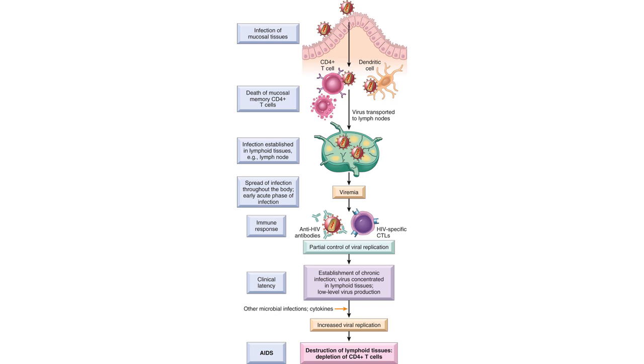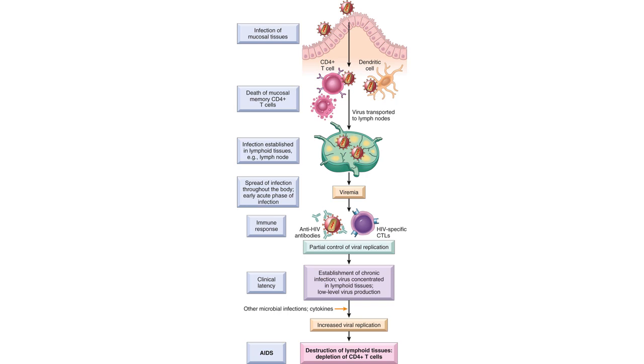This is what we call acquired immunodeficiency syndrome, where there is destruction of lymphoid tissues and depletion of the CD4 positive T lymphocytes. So, in these patients, since the immune system is dysregulated and dysfunctional, they are prone to development of bacterial infections, fungal infections, and even cancers.